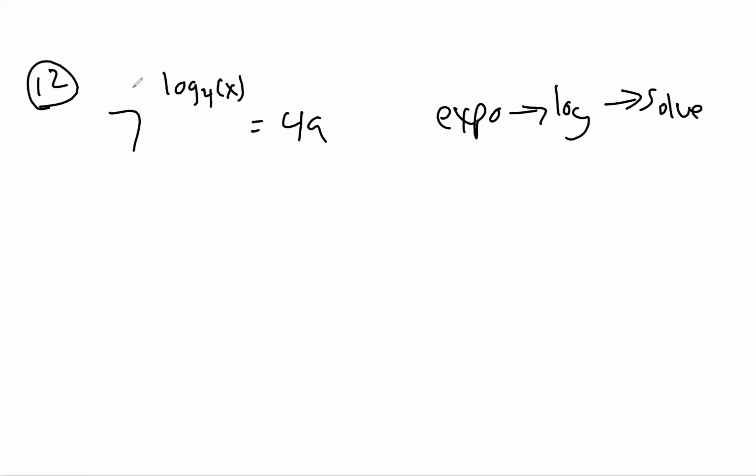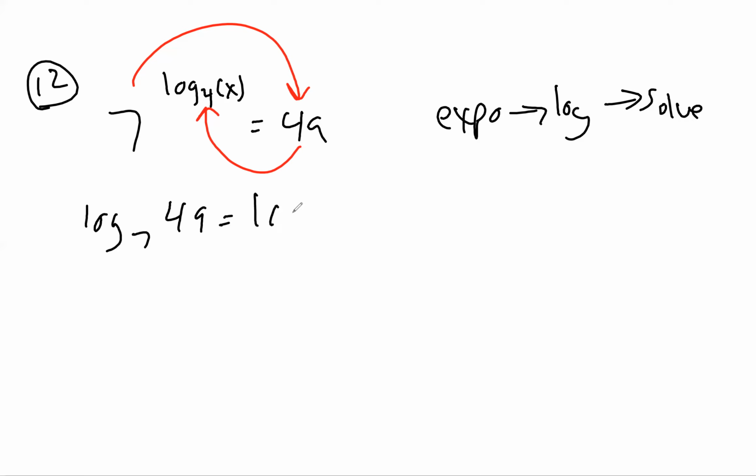The first thing I want to do is draw my arrows. Even though this exponent is a whole big nasty thing, that's okay. To write this as a log, we're going to say log base 7 of 49 equals this big old nasty thing, log base 4 of x.